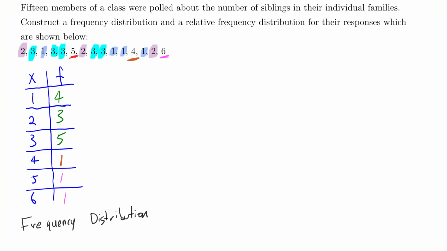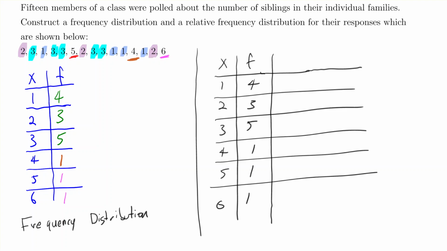Okay, for the relative frequency distribution, we extend from this table. So let me copy the information from the frequency distribution. Then for the relative frequency distribution, I'm going to do f divided by the total number. For the first, 4 divided by the total number. There are 15 members. We can put it in decimal.